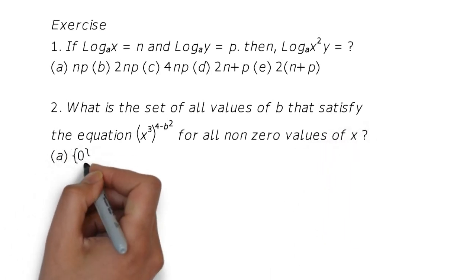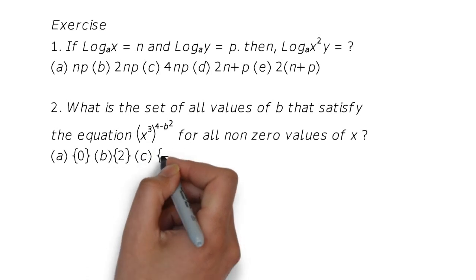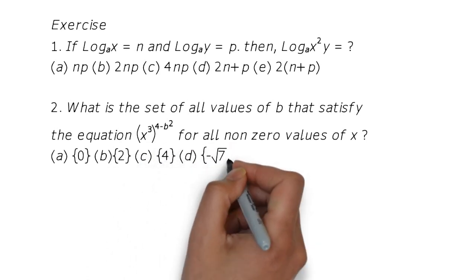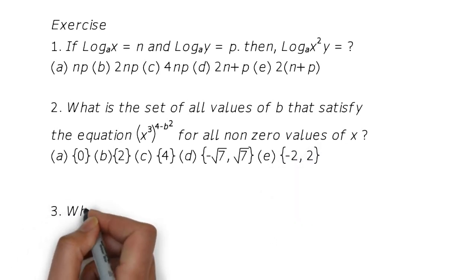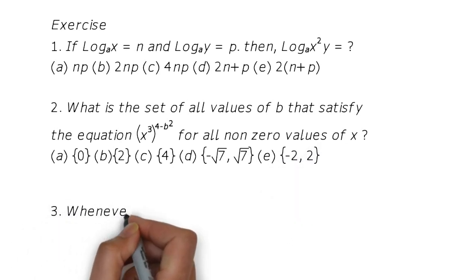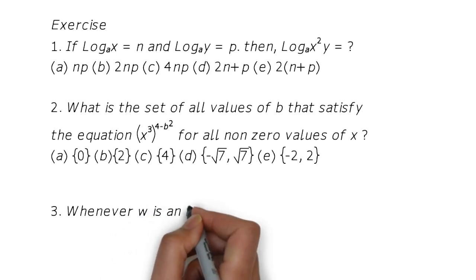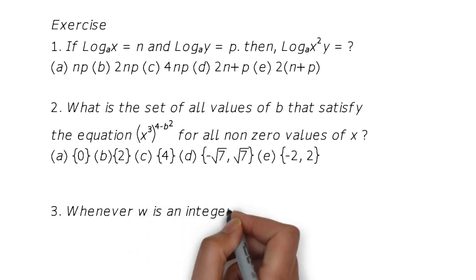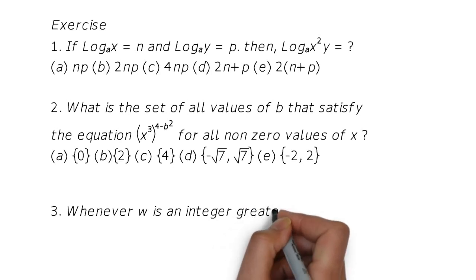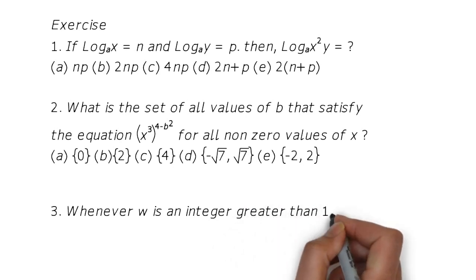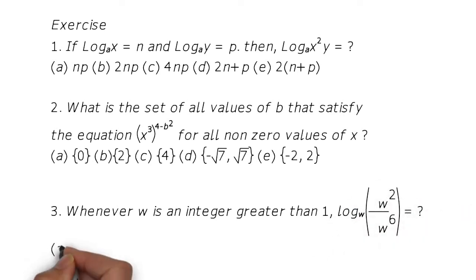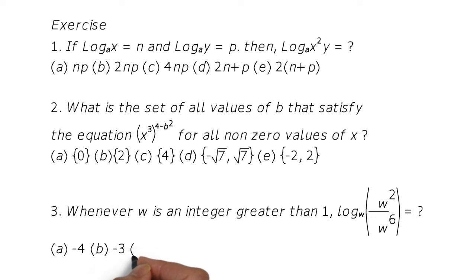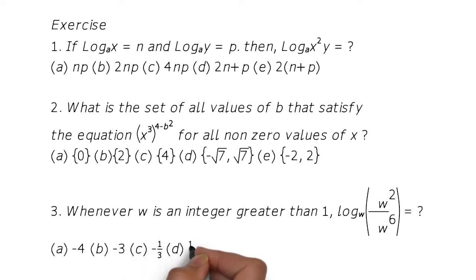Is it a 0, b 2, c 4, d minus 7 and 7, or e minus 2? And lastly, question 3. Whenever w is an integer greater than 1, then log w squared over w cubed to base w equals what? Is it a minus 4, b minus 3, c minus 1 over 3, d 1 over 3, or e 1 over 3?